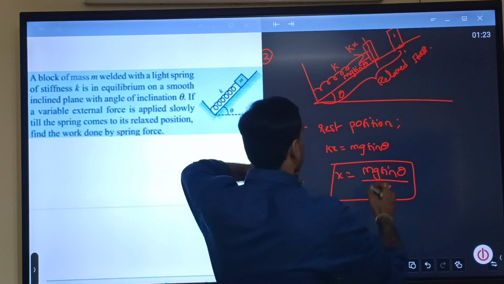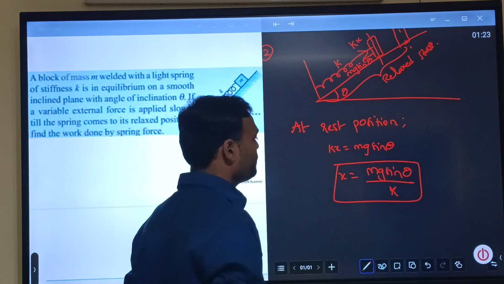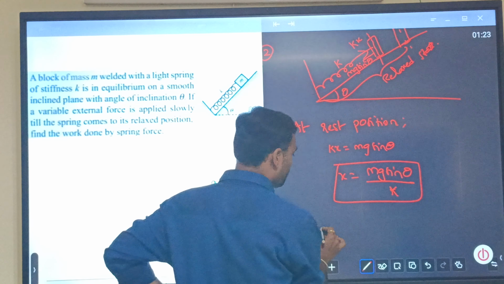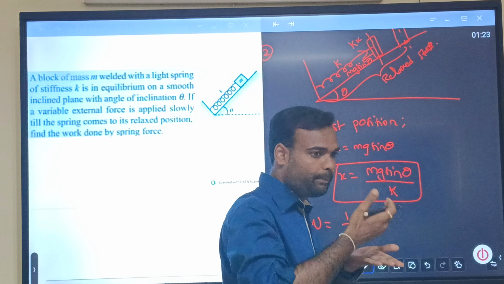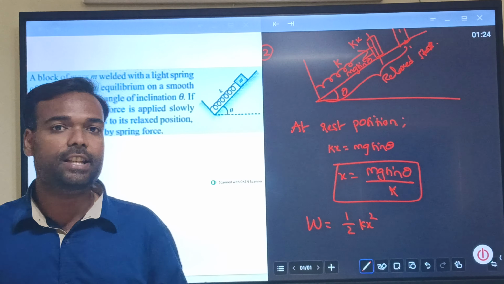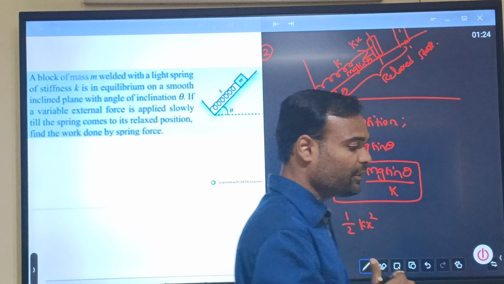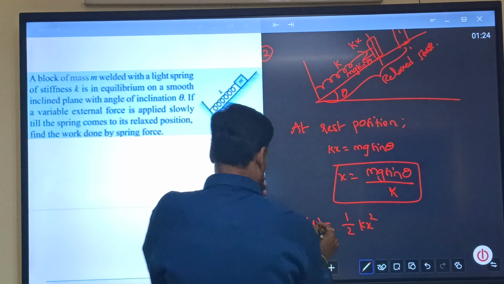Now see here, from the compressed state to the original relaxed position the object is moving, so the work done by the spring in this case becomes positive, because from natural position to compressed or elongated stage we get a negative value, but here the situation is opposite. From compressed position to relaxed position it is moving, so work done will be positive.